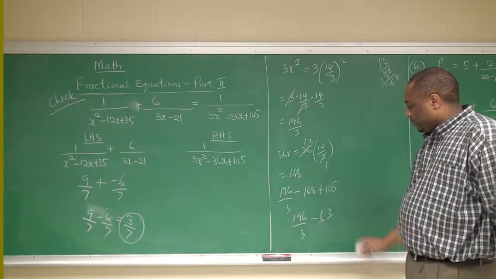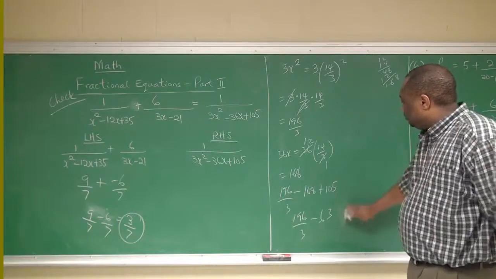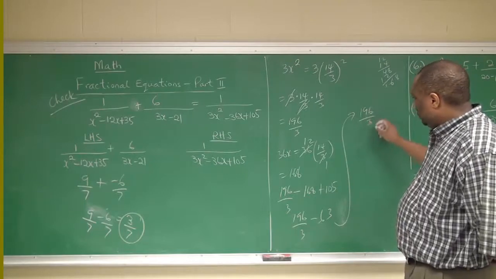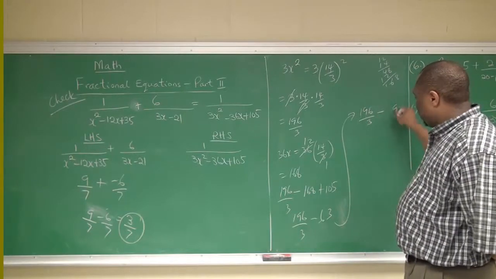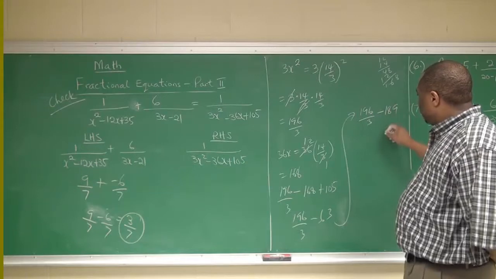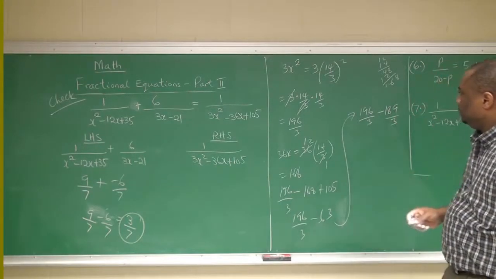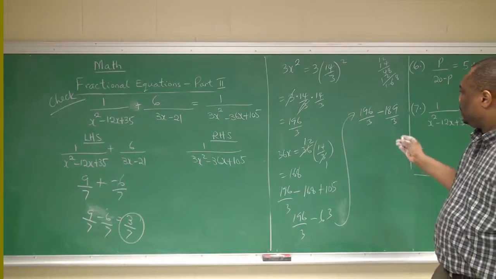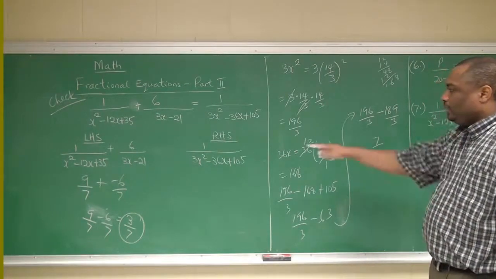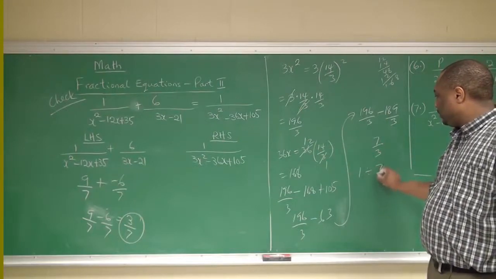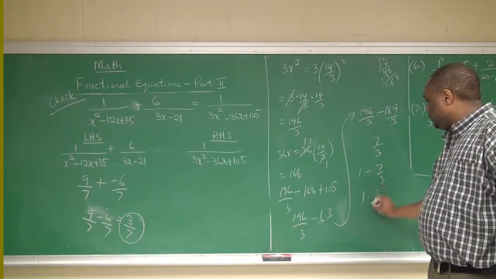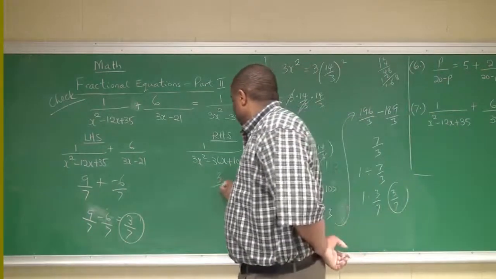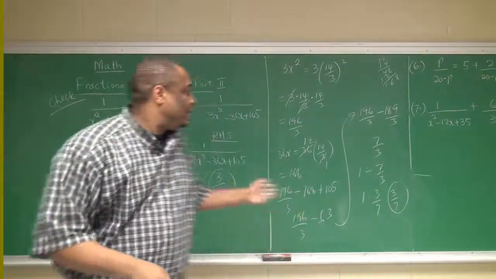And if you get the equivalent fraction, this will be 196 over 3 minus 189 over 3. So 196 minus 189 is 7 over 3. And then 1 divided by 7 over 3 will give you 1 times 3 over 7, which is 3 over 7. So 3 over 7 on our right, 3 over 7 on our left.